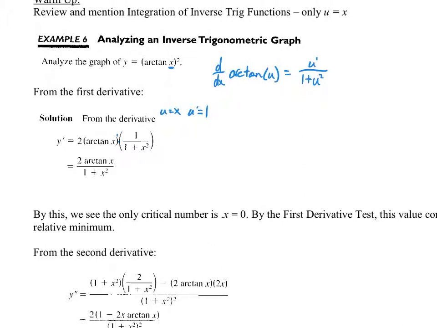So at this point what we have to think about here is, okay, what is our domain and range? Because that's going to help us determine what the domain and range of this derivative is as well.